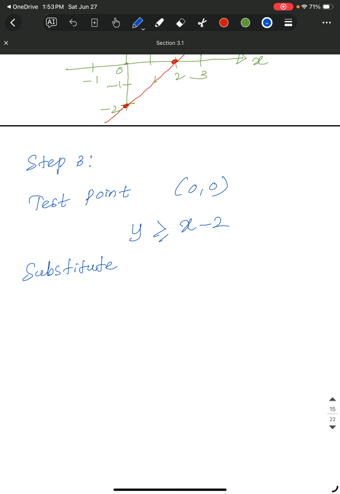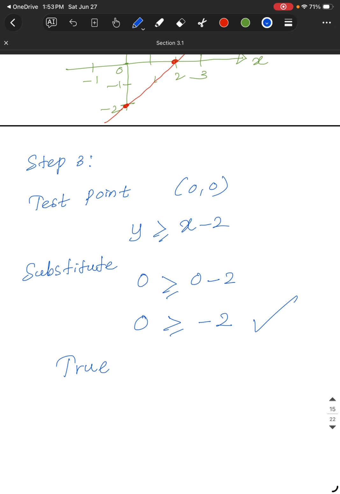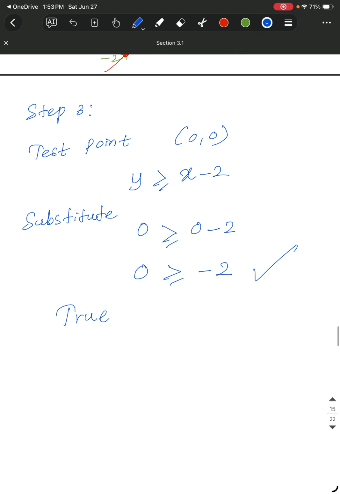Substitute, then 0 greater than or equal to 0 minus 2. 0 greater than or equal to negative 2. Yes, it's true. Right? So therefore, shade the region, or shade the side, containing (0, 0).